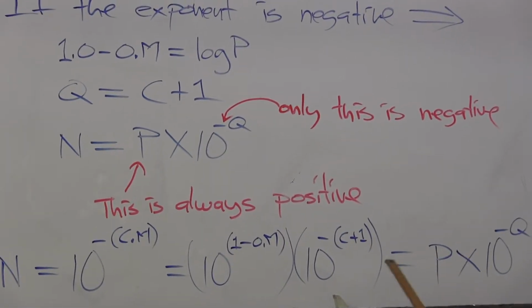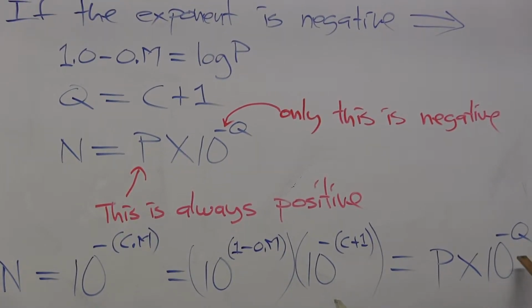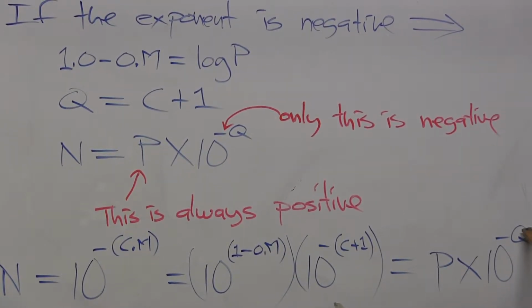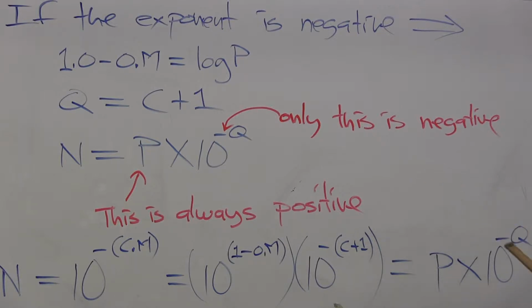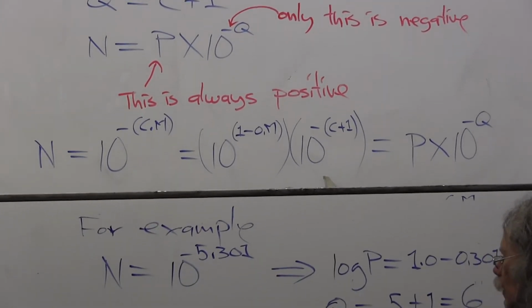Then I end up with the scientific notation: the precision term times 10 to the minus q, which is the only negative part. This is a slight variation on what we've been doing all along.